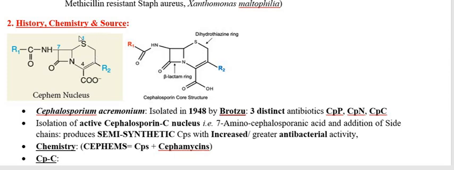As a result, we get the group we call carbacephem, and carbacephem has one antimicrobial agent, which we will discuss later on.